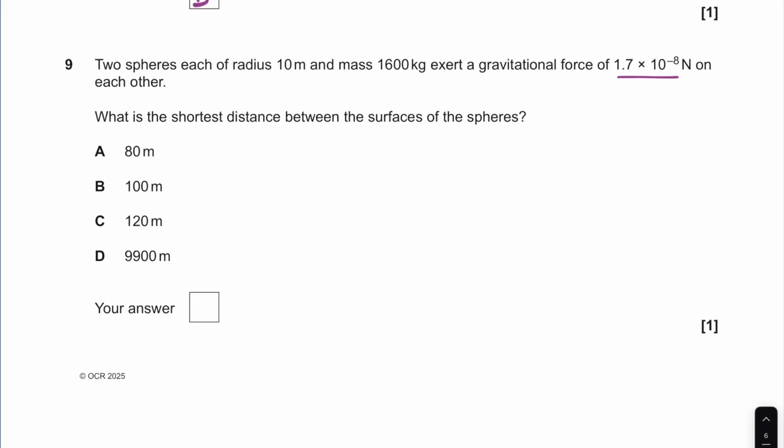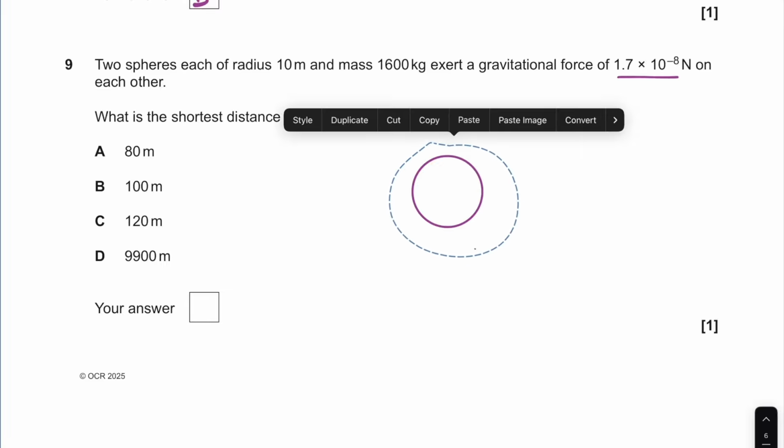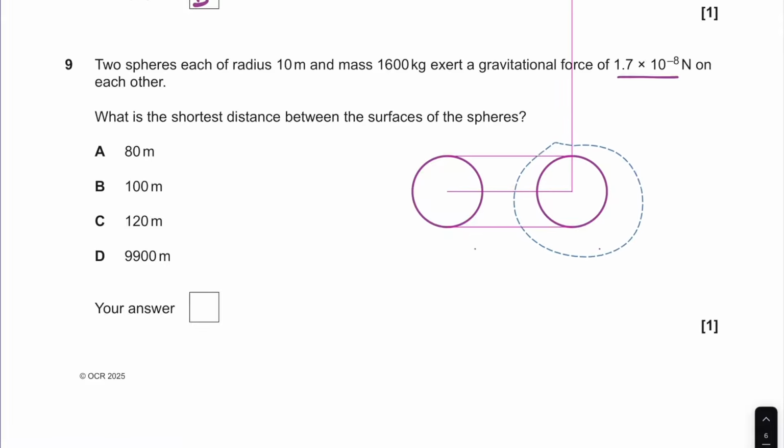Let's draw this out. You have this sphere and an identical sphere at a certain distance apart. We don't know that distance, but for gravitational force, it's always the distance from the center. So this is R and this is R. I'm going to call this distance D, meters apart.